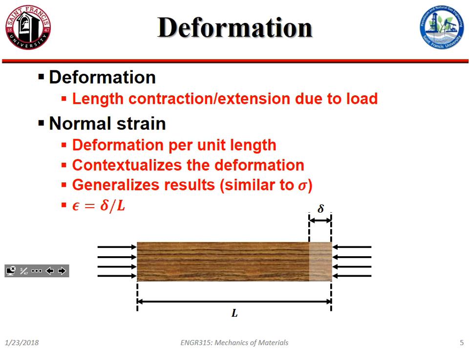Okay. Anyhow, the point I'm trying to make is that deformation by itself doesn't... I mean, it's nice to know how far something's stretched or how much length it's changed by, but that doesn't really give us an idea of what's actually going on. Kind of in the same way that if I have a piece of material like this, and I apply a certain force to it, it'll bend a fair amount, right?